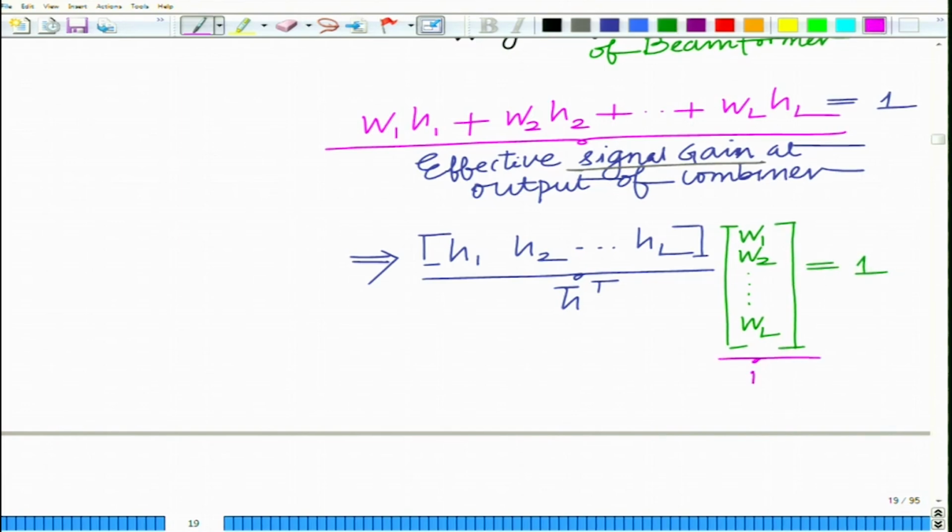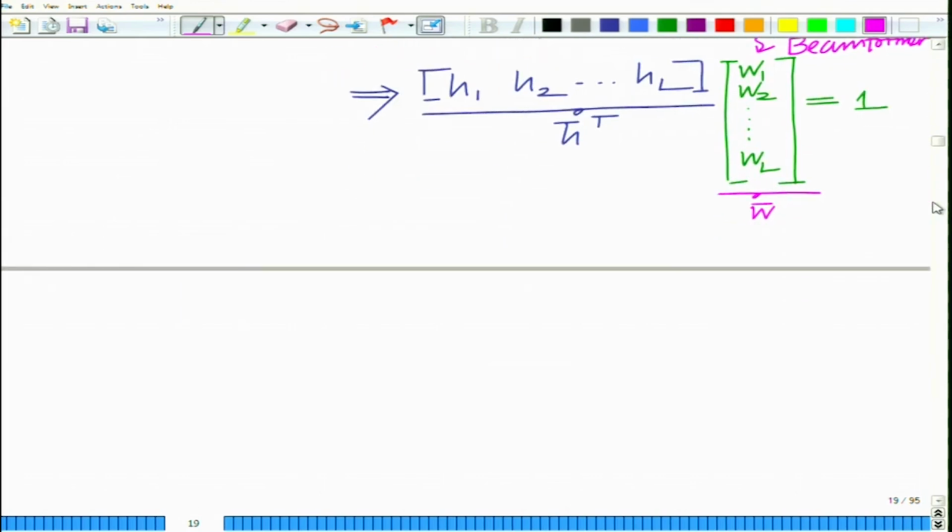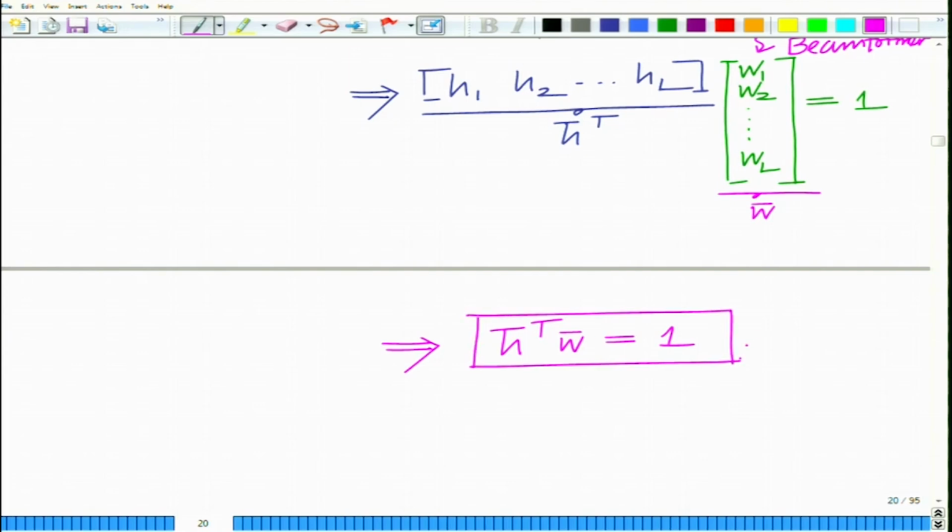You can call this the beamforming vector, or the receive beamformer. So, H bar transpose W bar, where W bar is the vector of combining weights, or the receive beamformer, equals 1 to ensure unity gain, and this you can see now is nothing but a hyperplane constraint.